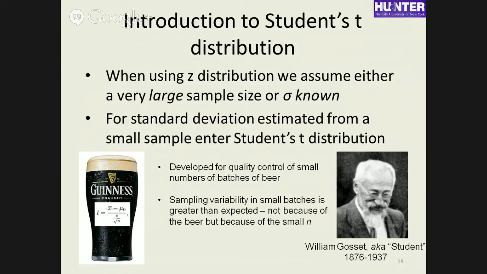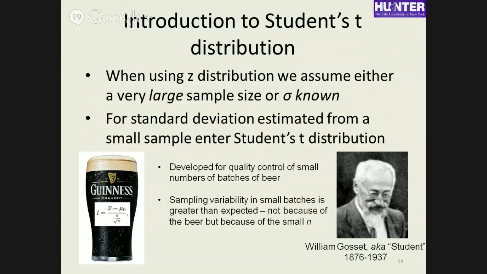So this came out from this guy, William Gossett, who published under a pen name of Student because Guinness Beer didn't want him giving away trade secrets. But he noticed that the statistical methods that were available were developed under the large sample assumptions.